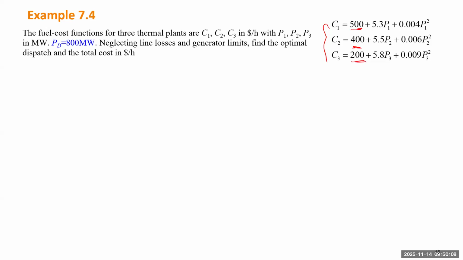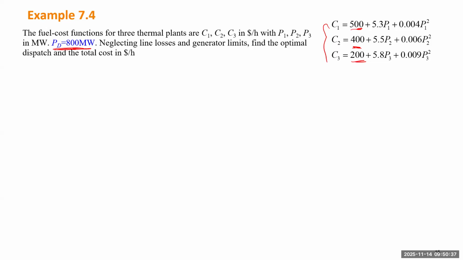Even if you don't generate any power, you still need to pay this price for the unit to operate. We hope the power output together can meet this demand, 800 megawatt. We ignore any line losses and the generator limit, and we want to find the optimal dispatch and also the total cost.